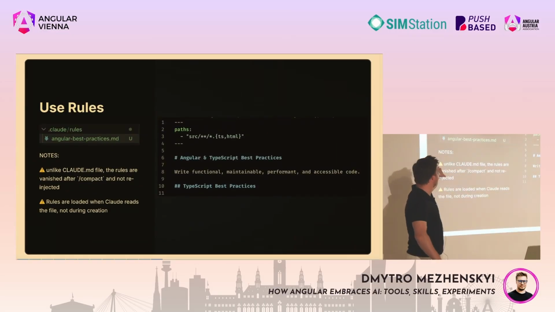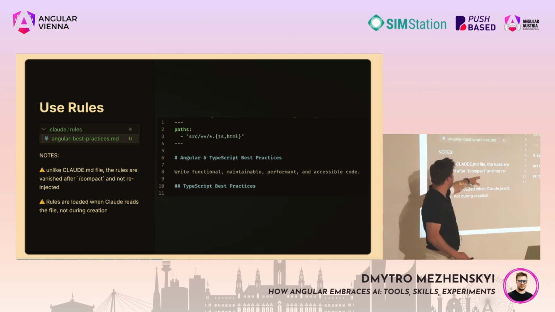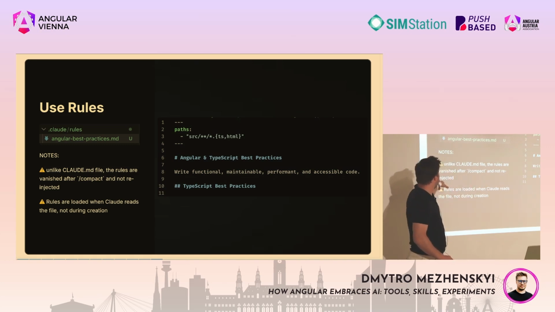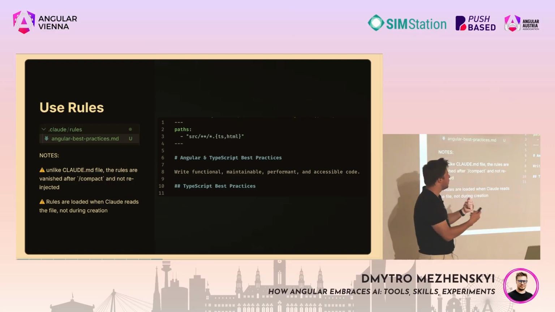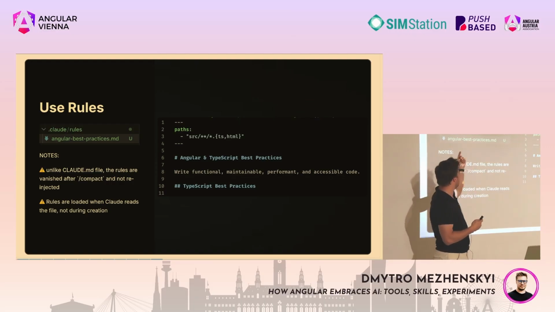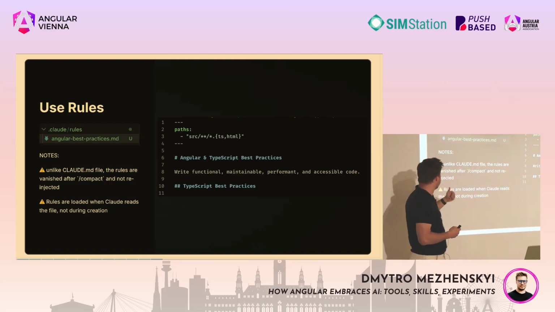A few keywords. Unlike the ClodeMD file, rules are not reinjected after the compact. So if you squeeze the context window by calling the compact command, they will not be reinjected. They will be reinjected after the compact only when you prompt something and the agent reads files again.